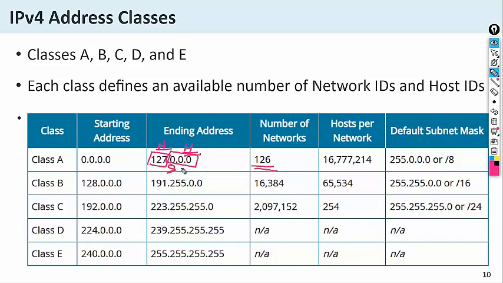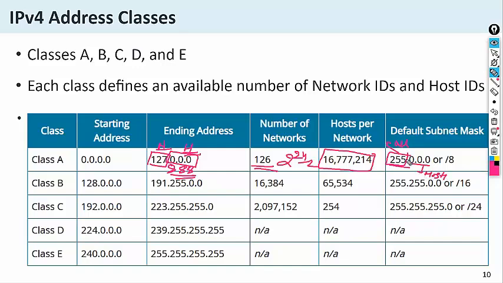8 bits and 8 bits and 8 bits, so the total is 24. So the host IDs will be 2 to the power 24 minus 2. These are the number of hosts, and the default subnet mask has 255 because it will define the network and the zeros will define the host ID.